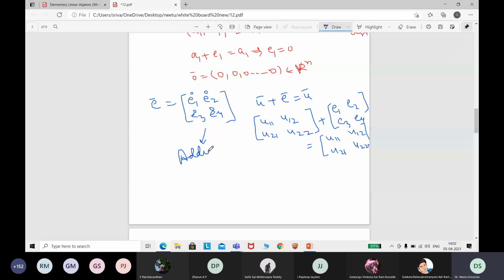For the u vector, which is having the slot elements u11, u12, u21, u22, add it to E1, E2, E3, E4. Equate it to 0.